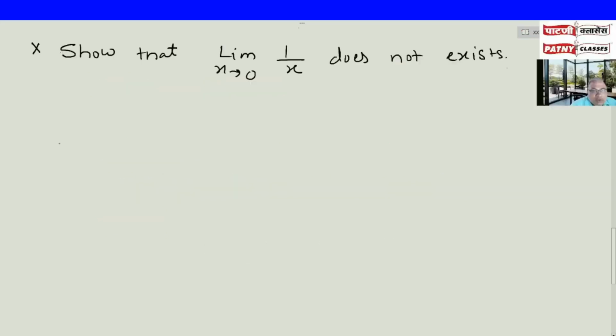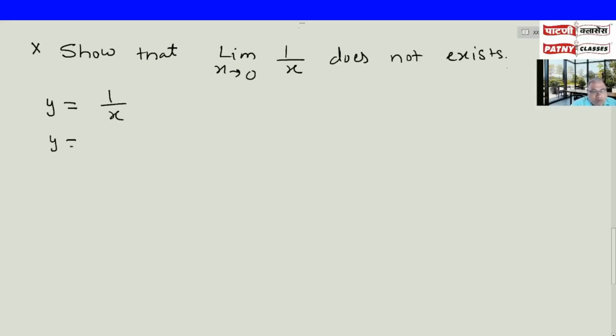Show that limit x tending to 0 of 1 upon x does not exist. For that, we first write y equals 1 upon x, and we shall be drawing the graph of y equals 1 upon x.